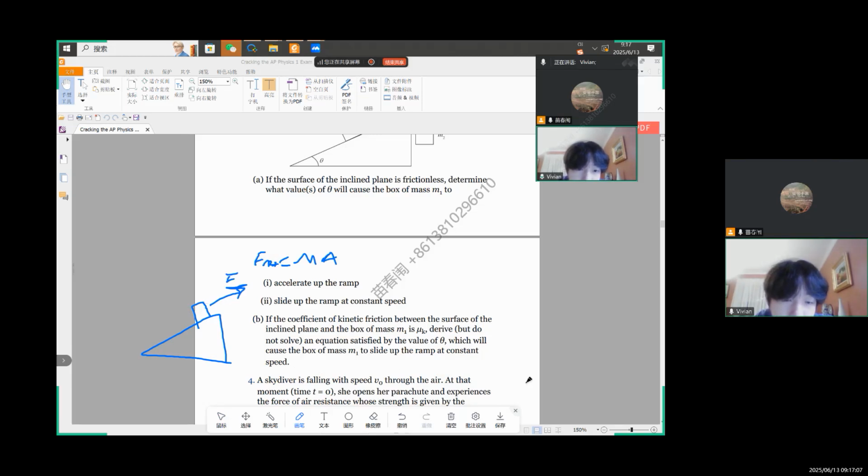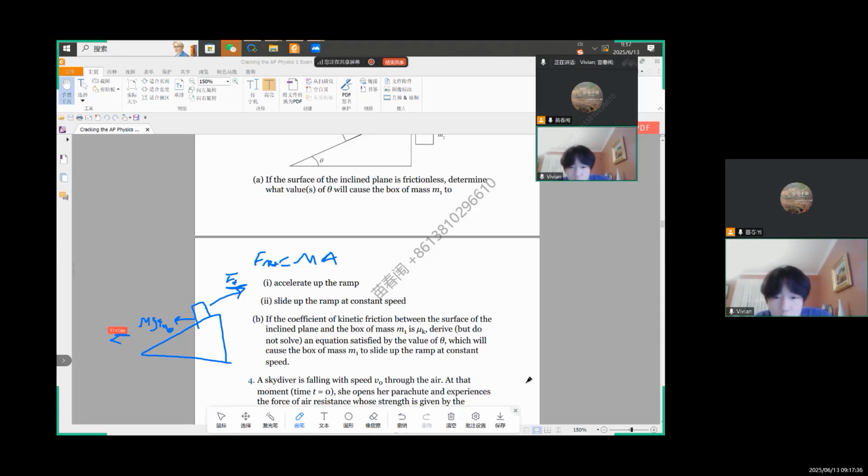So then we have FT, and then m1 g sine theta. Then we also have friction. Friction adds on to this, right?